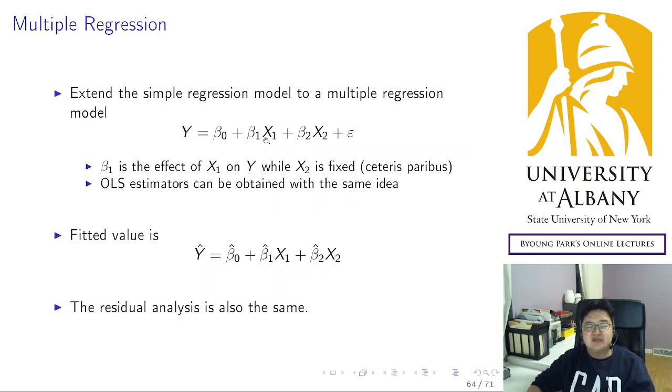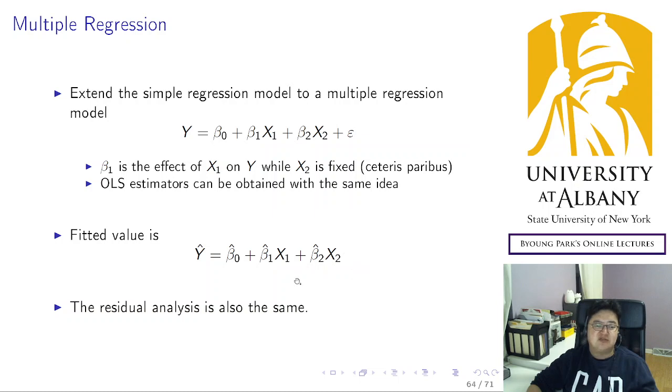And the OLS can be used in the same way, using the same idea to minimize the sum of squared errors, right? And the minimization is not that difficult in this case either. And the fitted value can be calculated in a natural way, right? Naturally will be calculated this way.